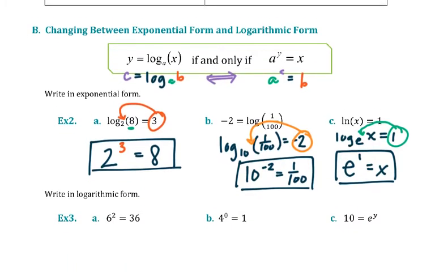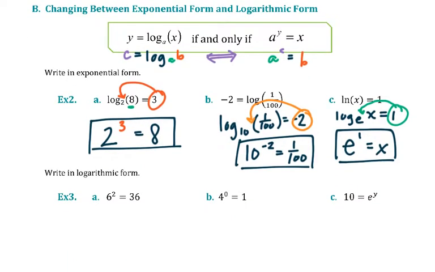Just as we can convert from logarithmic to exponential, we can go from exponential back to logarithmic. The base in your exponential is going to be the base in your log, and the exponent and your answer are going to switch places.